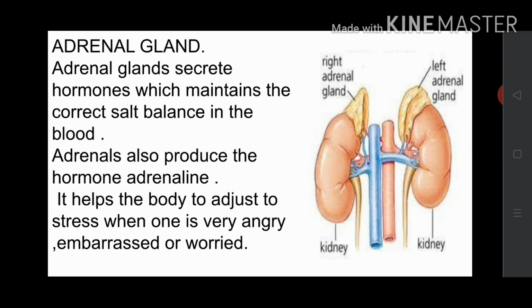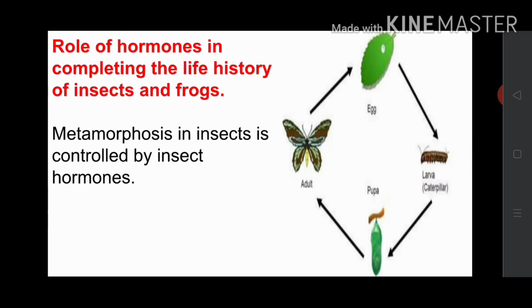Now let us check out the role of hormones in completing the life history of insects and frogs. In the case of insects, metamorphosis is controlled by insect hormone. Do you know what metamorphosis is? In the previous chapter, you have learned that the transformation of a larva into an adult through a drastic change is termed metamorphosis.